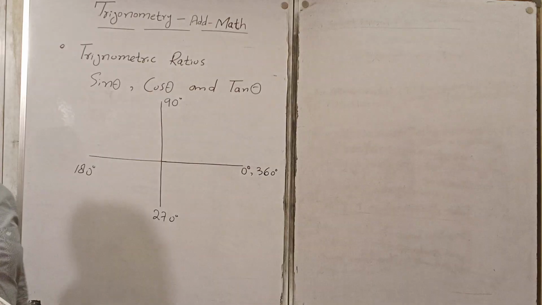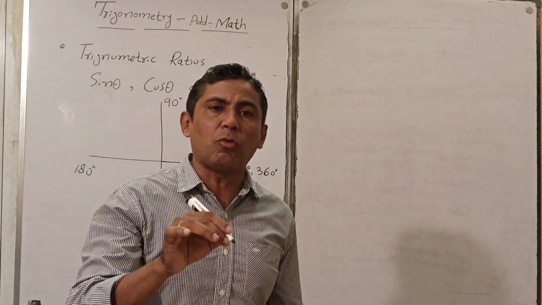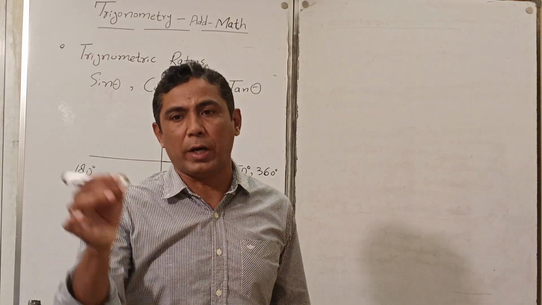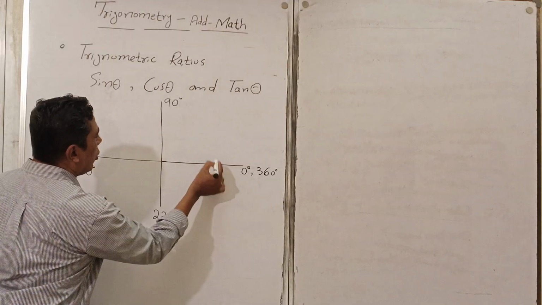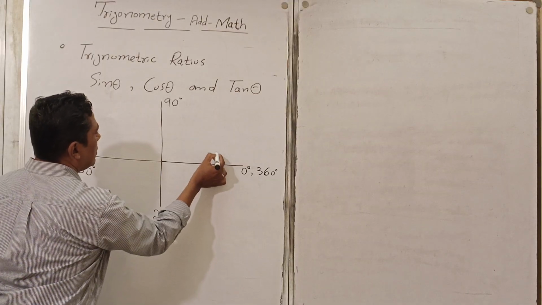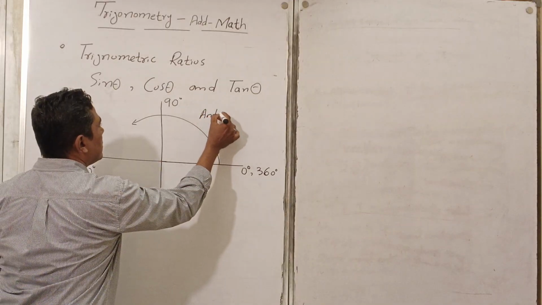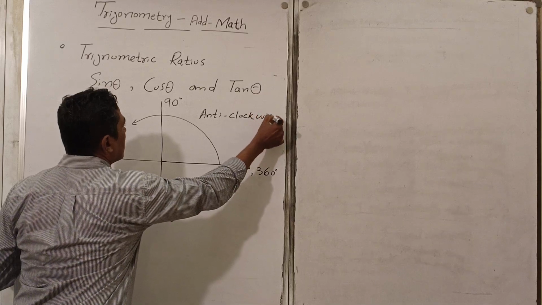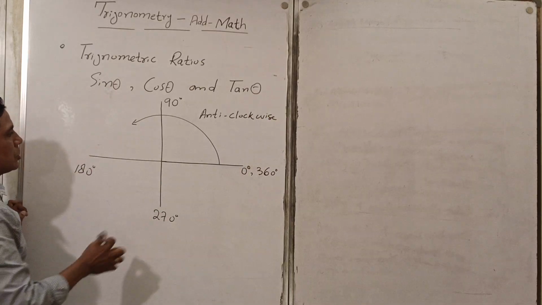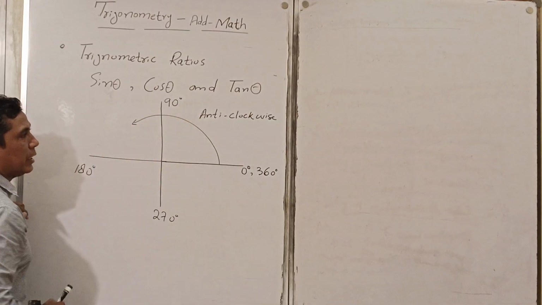The condition is that you move either anti-clockwise or clockwise. It should be clear. When we move towards the anti-clockwise, this is anti-clockwise movement. So 0 degree, 90 degree, 180 degree, 270 degree.